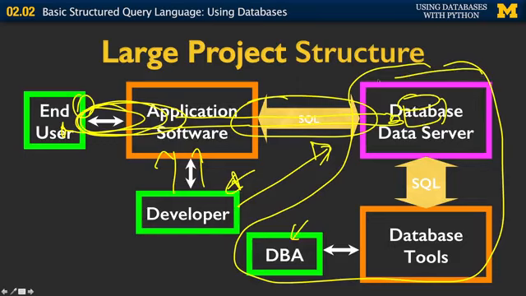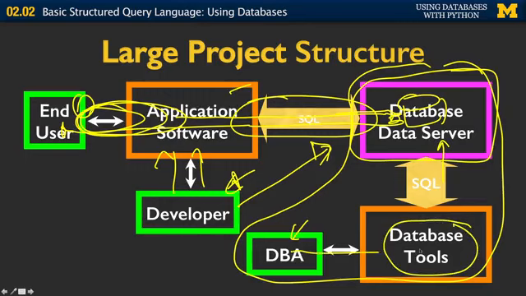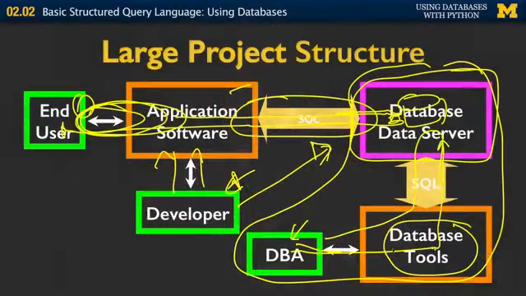Now, because the database is both storage and software, it can take SQL queries from many different sources, both the application or database tools. And so the database administrator has a direct way to talk to the database and get data back. So if something's going wrong, like it's gotten really large, what's going on? The database administrator will start running commands straight to the database, whereas the developer generally has no access to the real database.